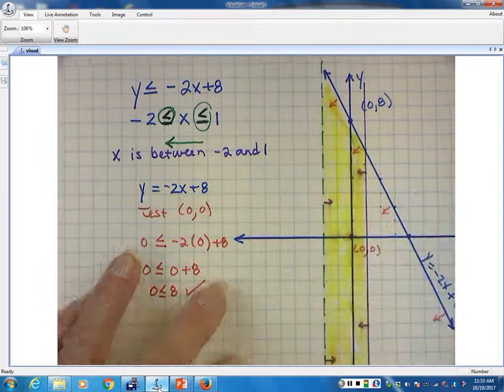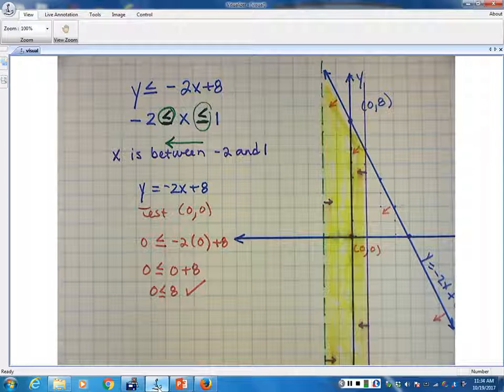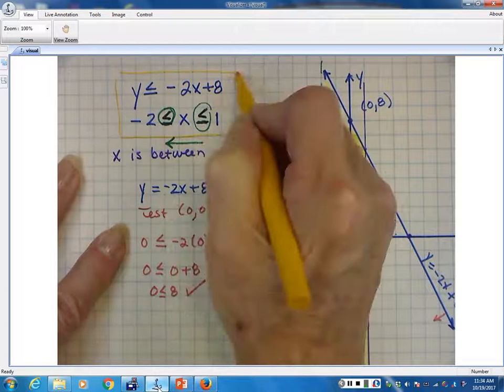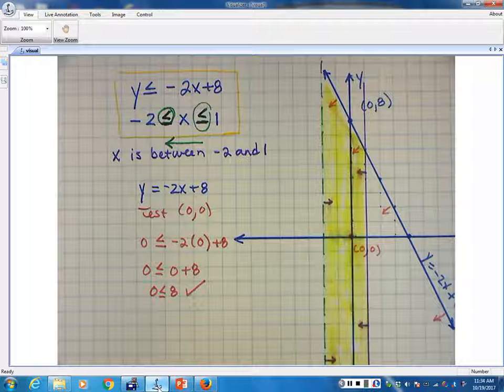And that way we didn't have to do a lot of extra shading. So that yellow area is the solution to this entire system. Okay? Any questions?